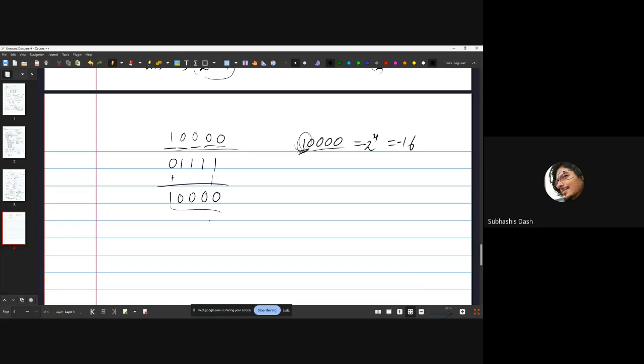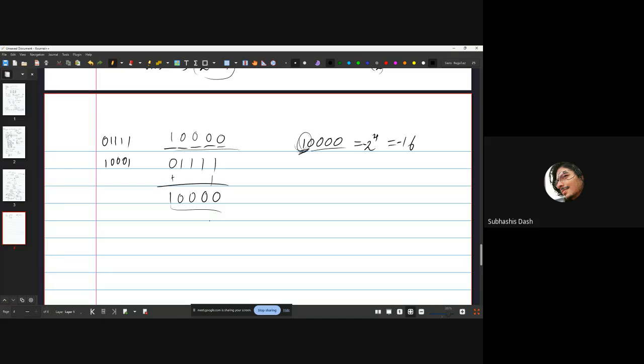So can you tell me, is this bigger or is the complement of this one bigger? Can you find the 2's complement of this one? So the 2's complement for this one becomes this. Okay.